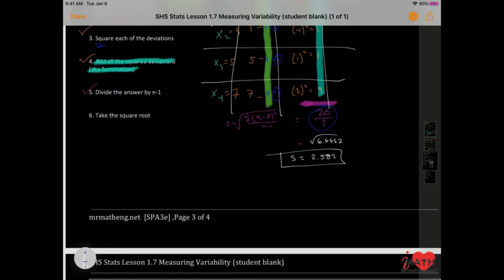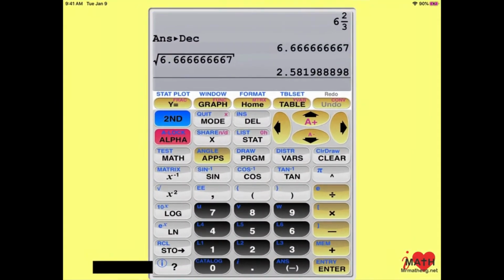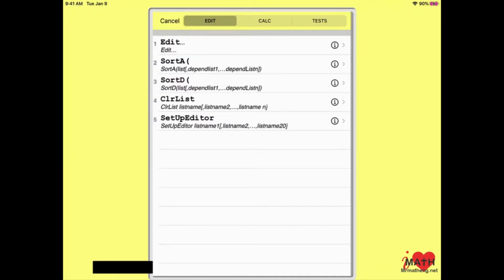And let's go ahead and try another one. All right, let's go ahead and try this problem. They call this the grocery bills, buying food. And it has all this data. Calculator here. And I'm going to go to Stat and Edit.